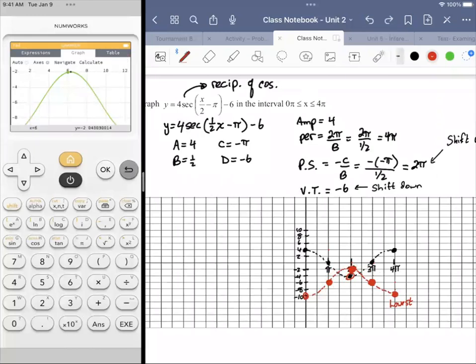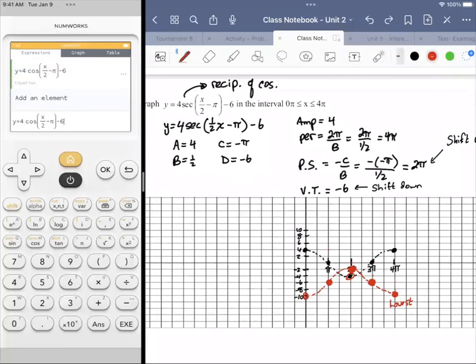Now, a minor tweak to this would be to then take your cosine and make it a secant. And one thing that these calculators will do that a lot of the other ones won't is secant.